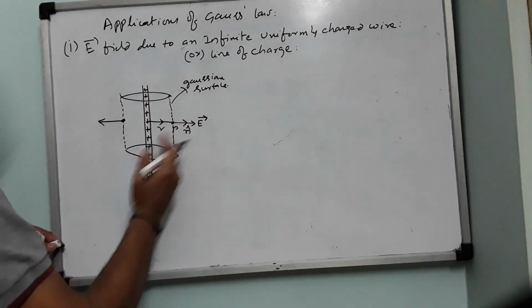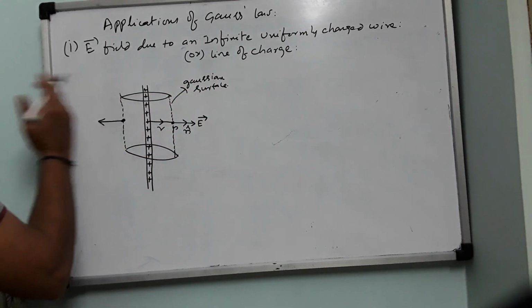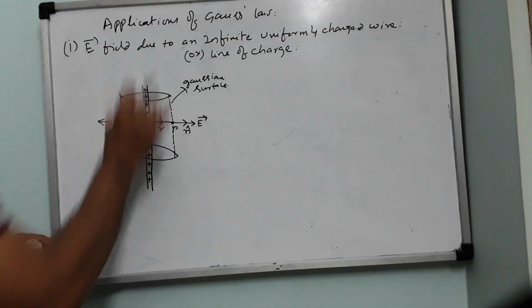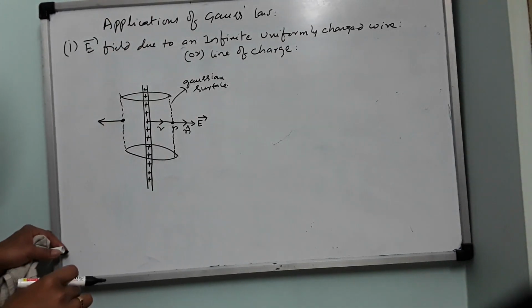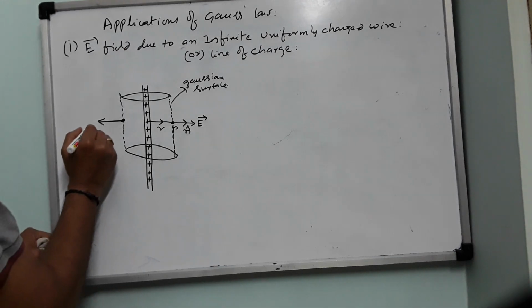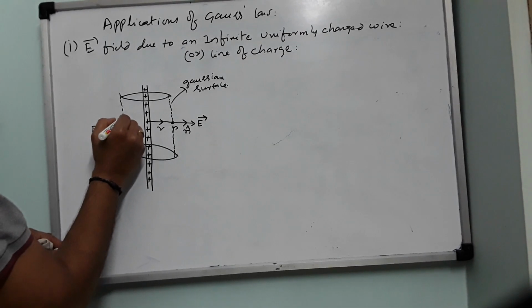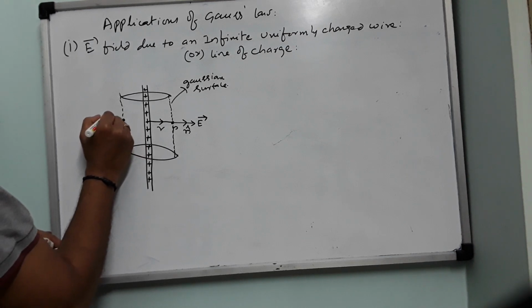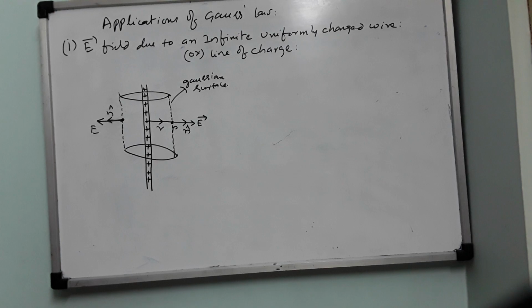This side like this electric field lines and this side it will be like this. And we don't have electric field lines in this direction because the wire is assumed to be of infinite length. So this is direction E, and if I draw a normal to this area of surface, it is again in this direction, that is radially outwards.